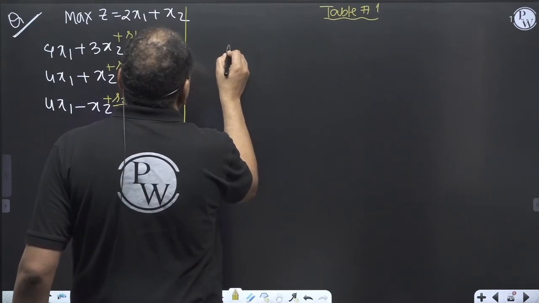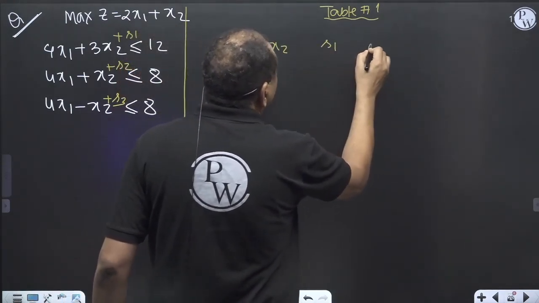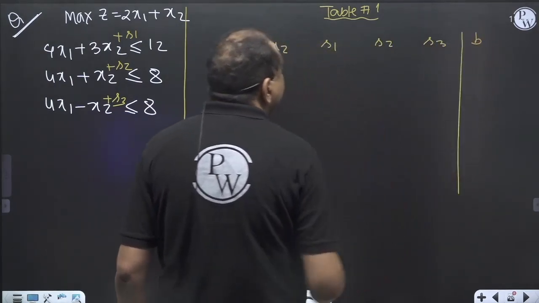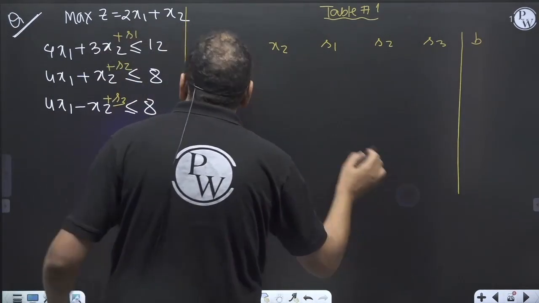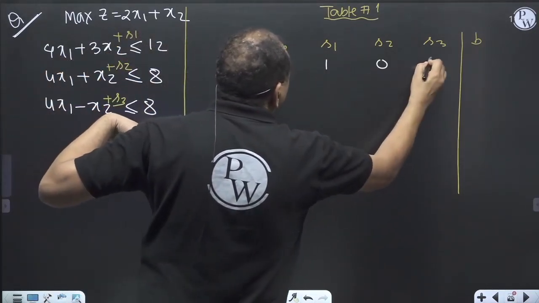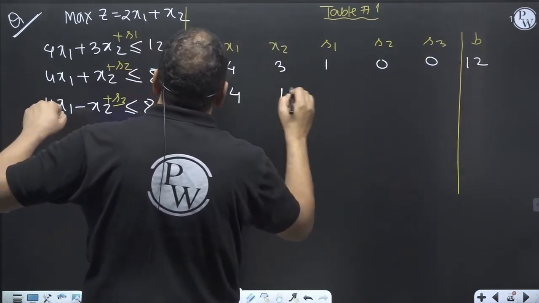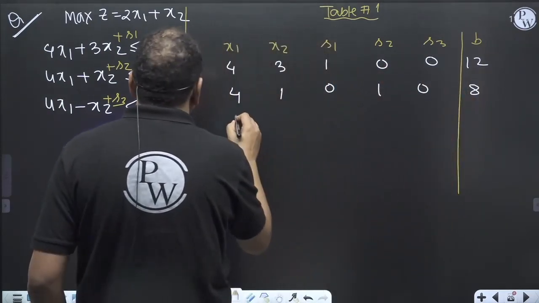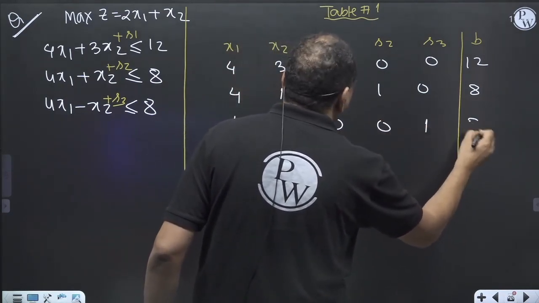So x1, x2, s1, s2, s3, and then b. First row: 4, 3, 1, 0, 0, 12. Then 4, 1, 0, 1, 0, 8. Then 4, minus 1, 0, 0, 1, 8.